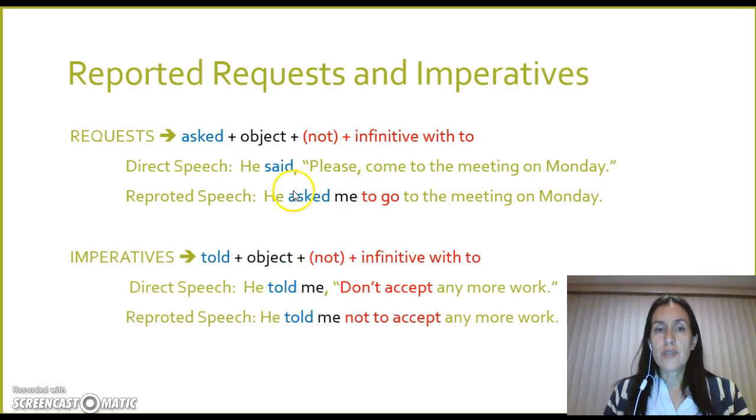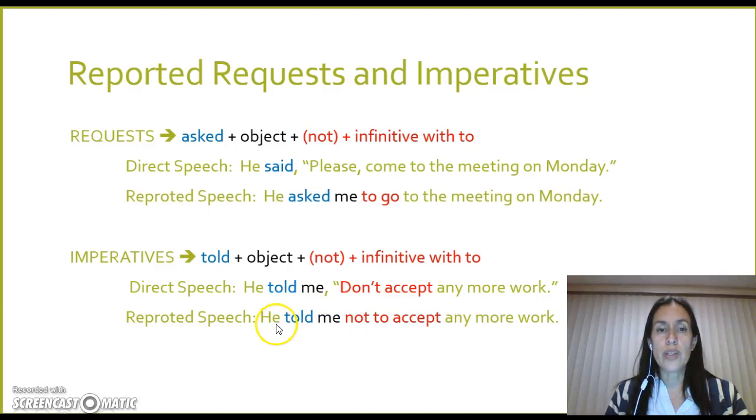Analyzing imperatives. The difference here is that we're going to use the verb told. So if we have the imperative, we have told, then we have an object, and the same, not plus infinitive with to if it's negative, or just infinitive with to if it's affirmative. So for example, in this case, we have he told me don't accept any more work.